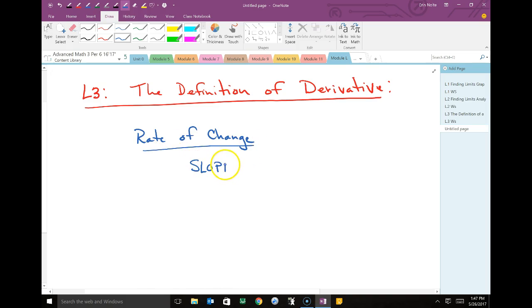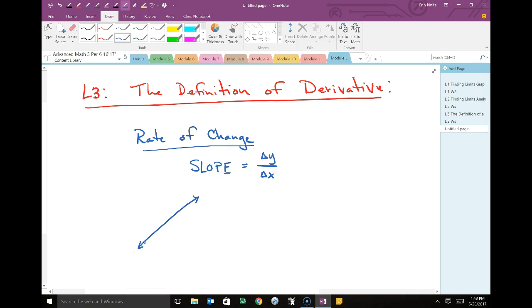Now, so far, you have only used one type of function to analyze slope. What type of function was that? It was linear functions. Do you remember that on those linear functions, you're finding the change in the rise over the change in the run? So the change in y over the change in x. Linear functions are very basic.